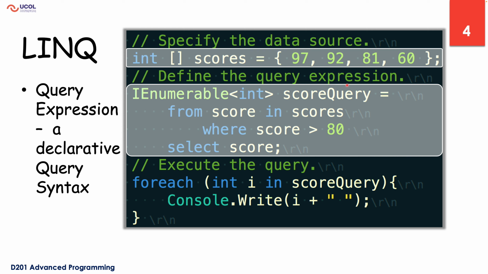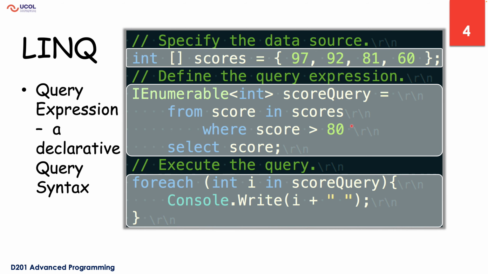Okay, then that score will become 92, 81. If we look at that, 97, 92, 81 are all greater than or equal to 80, so they fulfill that condition, so they will be returned in that query, and 60 is filtered out, it is not going to come into that one.